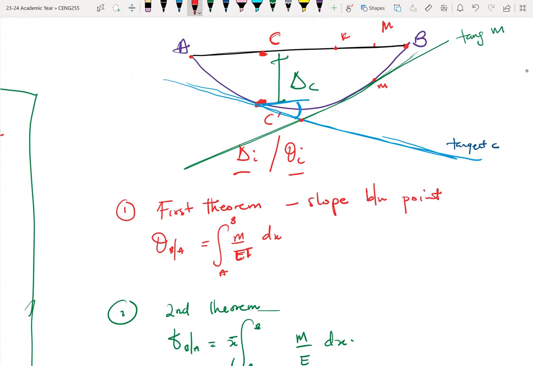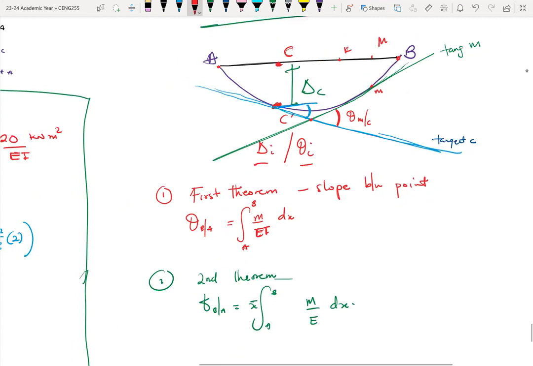The angle between the two tangents, this angle theta, per the first theorem of the moment area method, is the change in slope between these two points, between point M and C. That angle is theta MC, and theta MC is simply the area of the moment diagram between those two points.